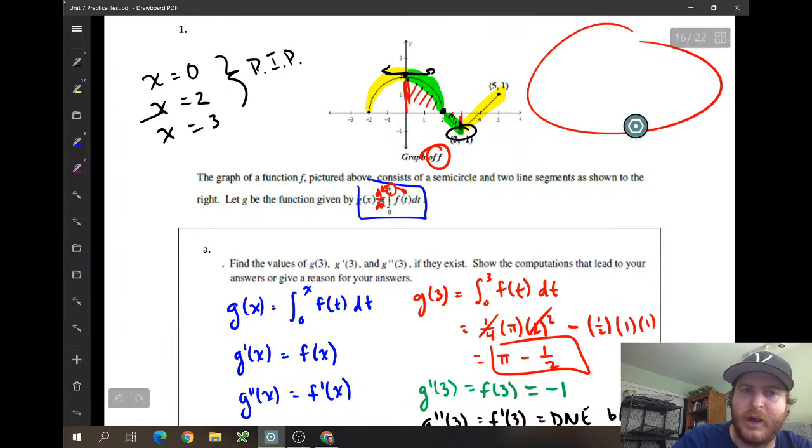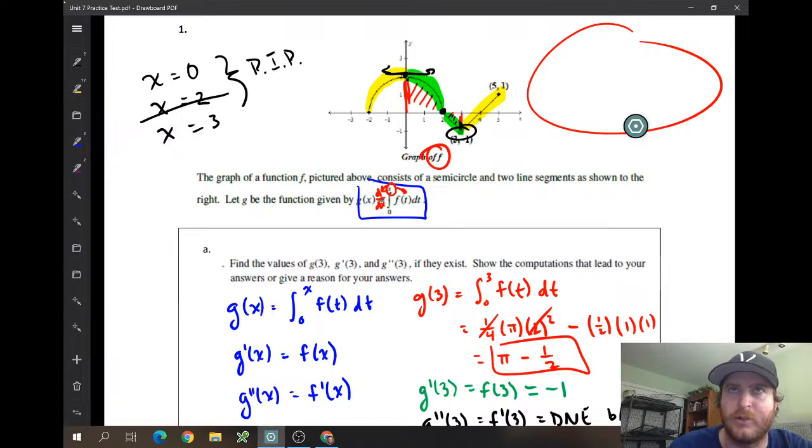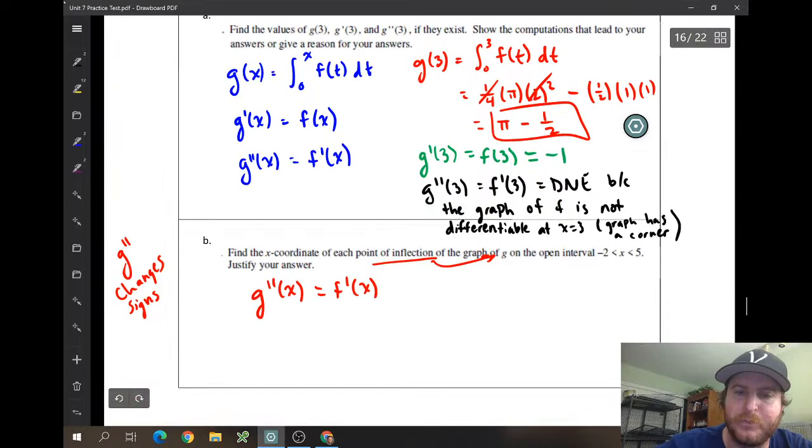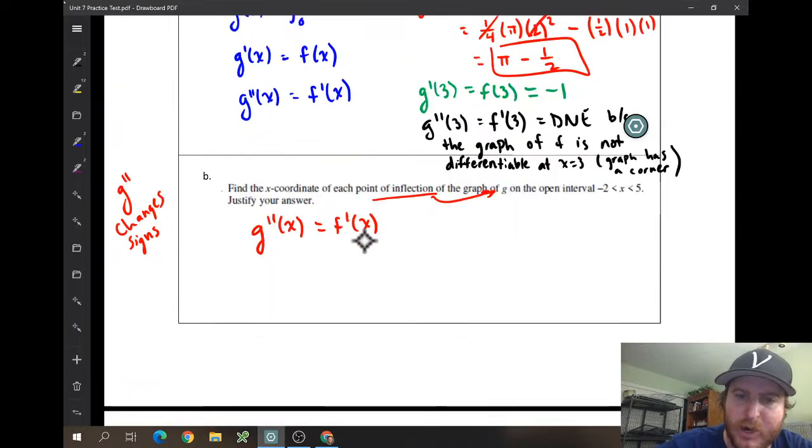So 2 would not be an inflection point because the graph decreased and kept decreasing. The slope, the f prime, did not change. So we increased, we decreased, kept decreasing, and then increased. So x equals 0 and x equals 3 are inflection points because that's where the graph changed between increasing and decreasing. And why did we want that? Because g double prime matches up with f prime, with our slope.